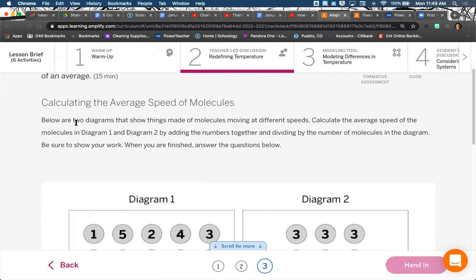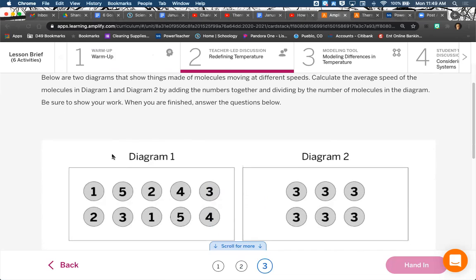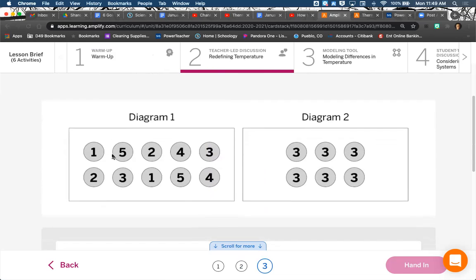So below are 2 diagrams that show things made of molecules moving at different speeds. Calculate the average speed of the molecules in diagram 1 and diagram 2 by adding the numbers together and dividing by the number of molecules in the diagram. Be sure to show your work, and when you're finished, answer the questions below.